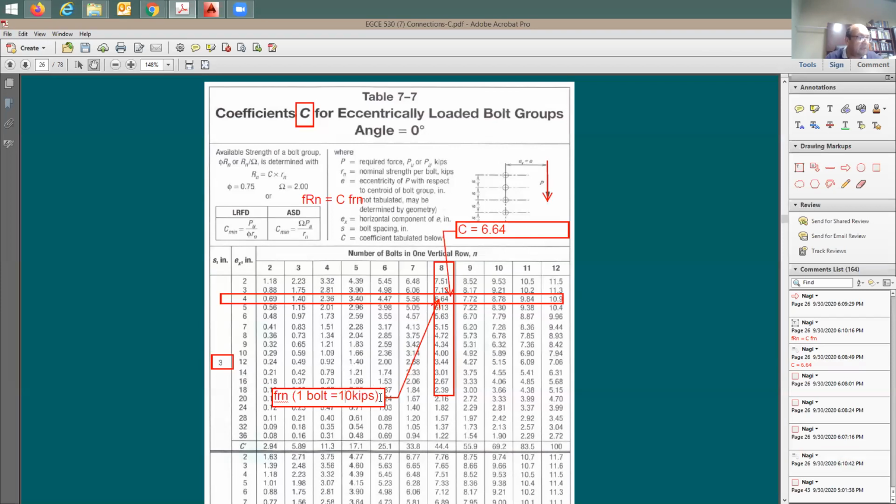Great. So what does it mean? Total capacity, phi R_n for the entire system, is equal to 6.64 times 10, which is 66.4 kips. I'm going to call this the group capacity.